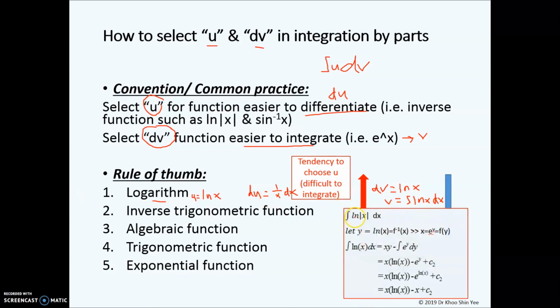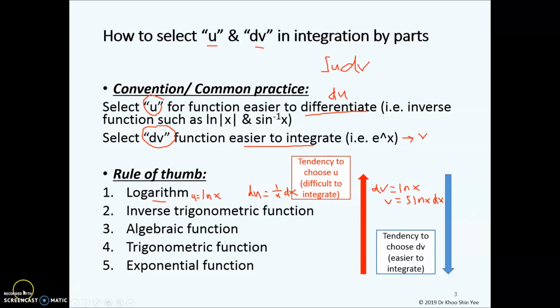You can see the integration of ln x by using the inverse rule. You can apply the method and then get the answer in this form. Therefore, for a log problem using integration by parts, we prefer to choose it as u instead of dv, because it's very difficult to integrate.